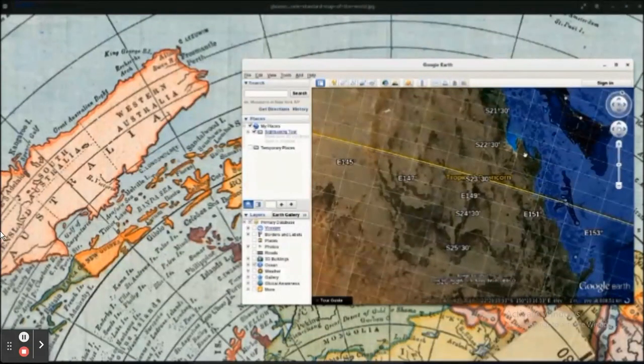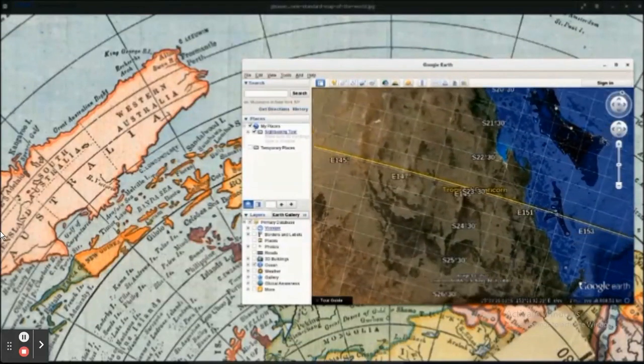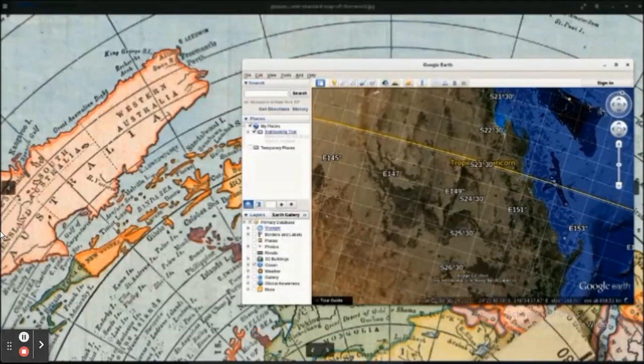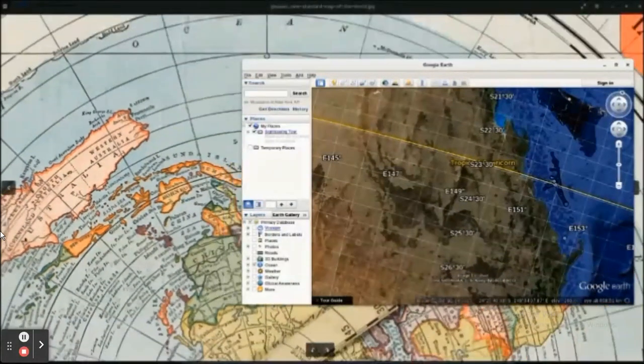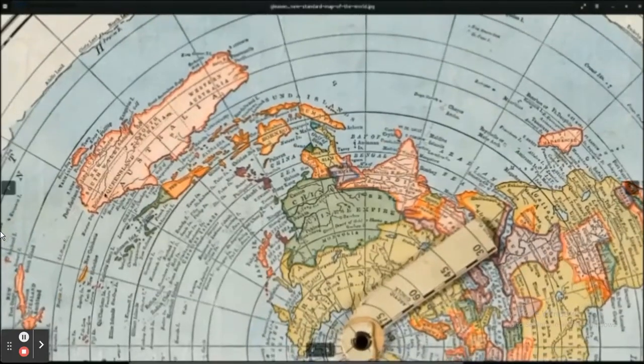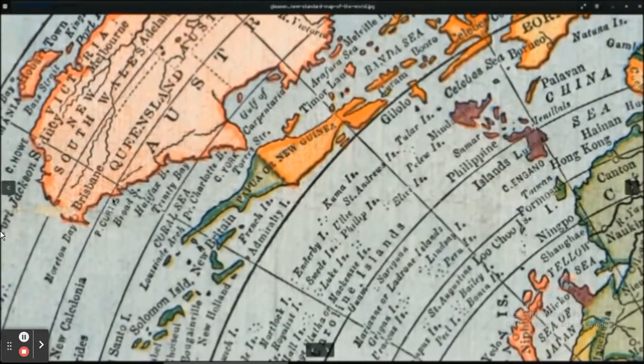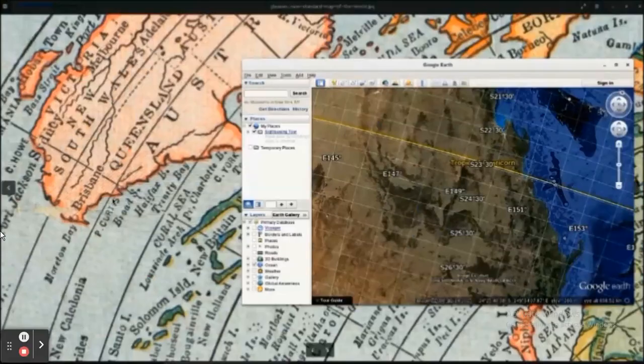It's just the maps on here are oriented a little bit differently because one's a ball and one's a flat plane. So we look at where the Tropic of Capricorn exits out, and you'll notice the same thing. The points and the geographic features are identical. I mean, you can see them.